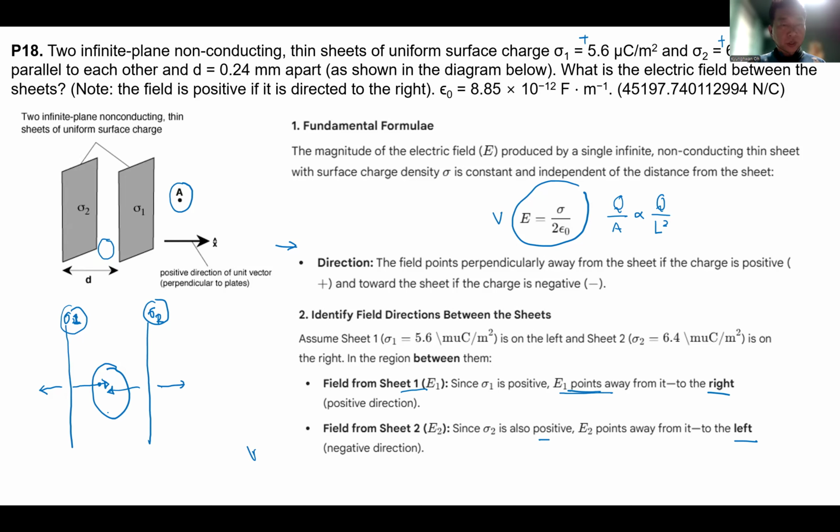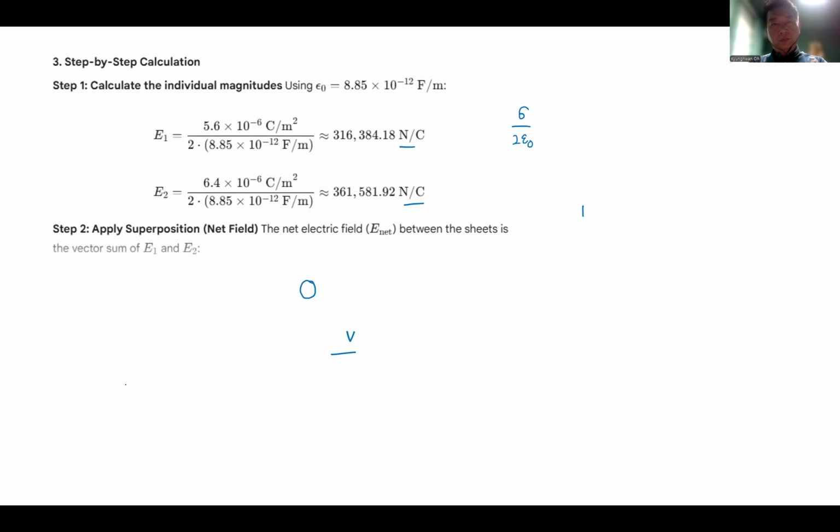If you are between these two plates, one of them is toward the right, and the other is toward the left, so they are opposite in sign in terms of direction. That is the key thing.